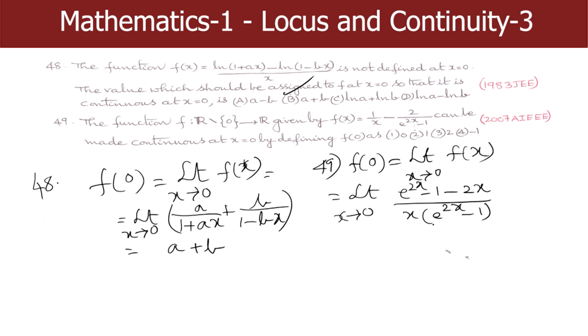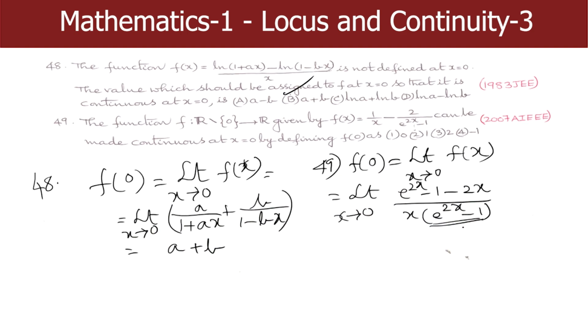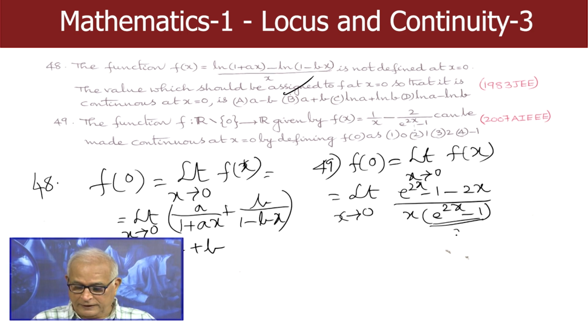Well, this is the troublesome factor. e power 2x minus 1, 1 by x minus 2 by e power 2x minus 1, that is e power 2x minus 1 minus 2x by x into e power 2x minus 1. The trouble is with e power 2x minus 1. I simply divide this by x and multiply here by x, so x square times.